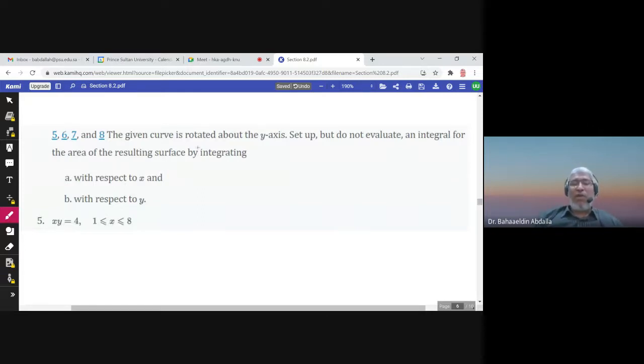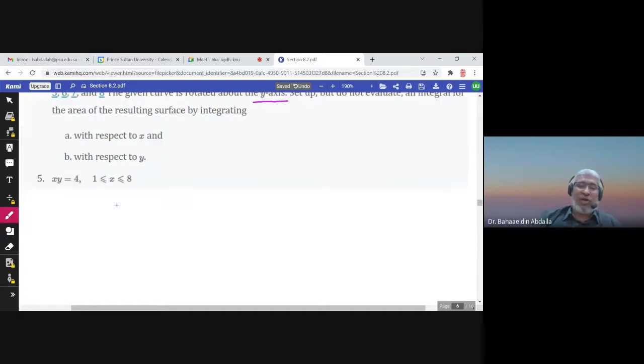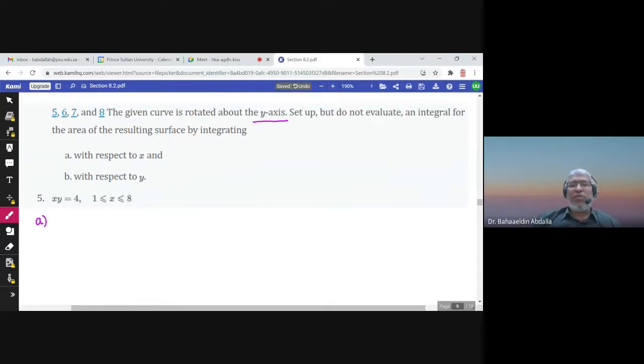Here, the given curve is rotated about the y-axis. Set up but do not evaluate an integral for the area of the resulting surface by integrating with respect to x and with respect to y. So let us first integrate with respect to x. The most important thing here, the rotation is about the y-axis.